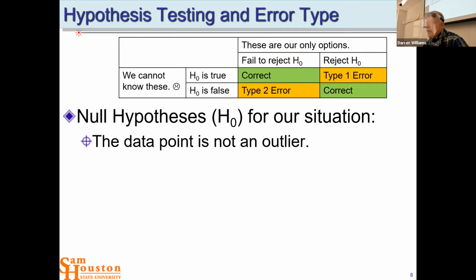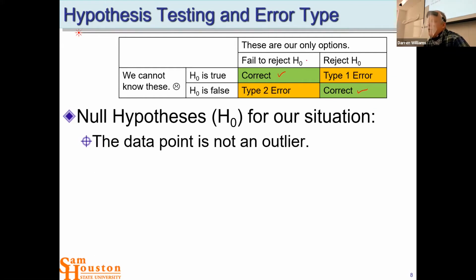If we fail to reject it and it's true, then essentially we've accepted it as true, but the terminology that we use is that we fail to reject the null hypothesis. And if it's actually true, then we've made a correct decision, okay? If we reject that null hypothesis and it was in fact false, then we've made a correct decision.